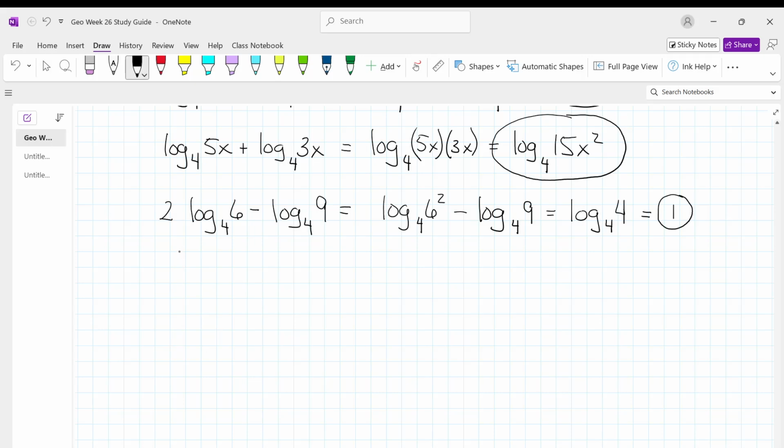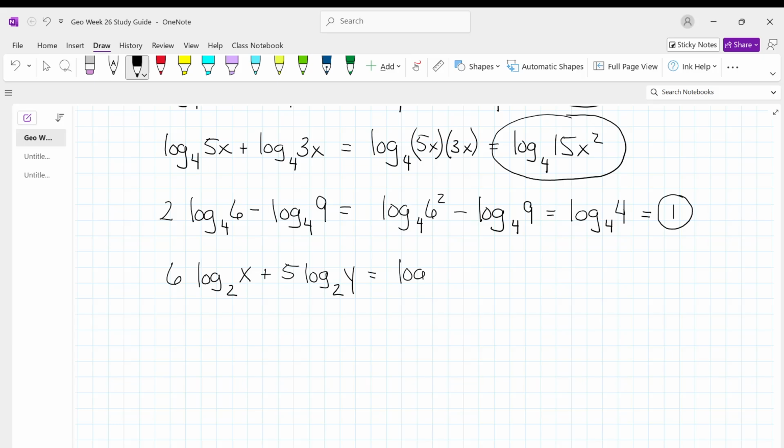6 log 2 of x, and we're adding to it 5 log 2 of y. So we apply the power property to both logs.